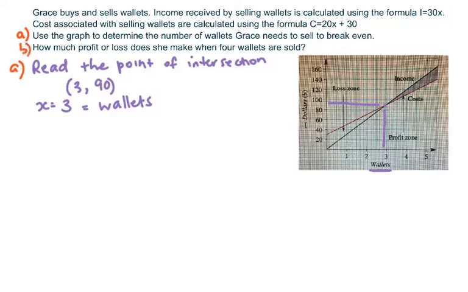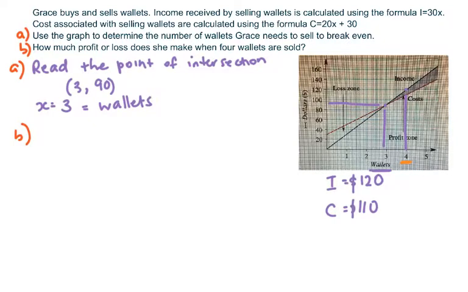The second part of our question says, how much profit or loss does she make when 4 wallets are sold? We're looking at 4 wallets on our graph, which lies on our x-axis, and we want to read off the graph our income and our cost for 4 wallets. The cost for 4 wallets is 110, and the income for 4 wallets is 120.